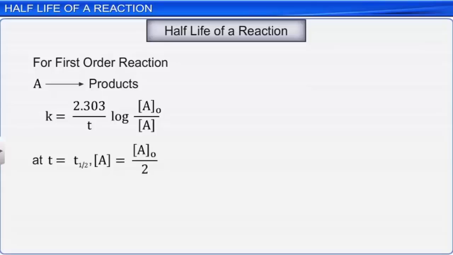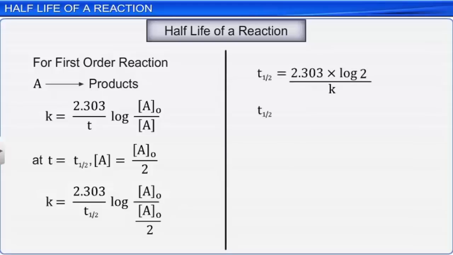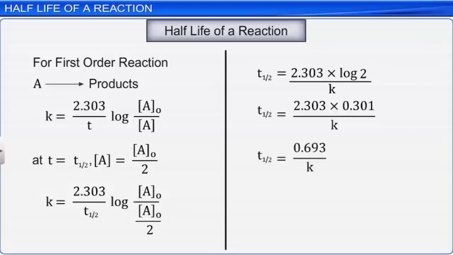Substituting the value of concentration of A and t in the given equation, we get k equal to 2.303 divided by t1/2 multiplied by log concentration of A0 divided by concentration of A0 by 2. On rearranging the equation, we get t1/2 is equal to 2.303 multiplied by 0.301 divided by k. On solving, we get t1/2 is equal to 0.693 divided by k.